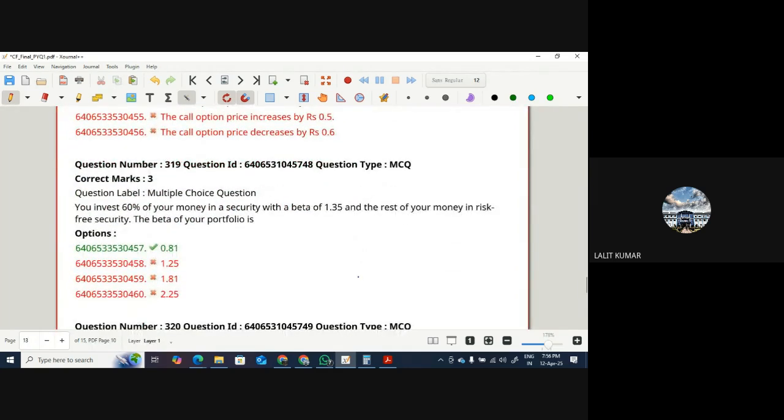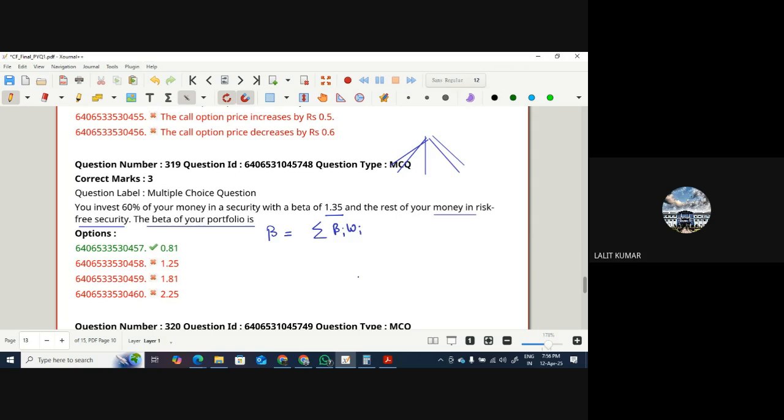You invest 60% of your money in a security with a beta of 1.35, and the rest of your money in a risk-free security. Then what is the beta of your portfolio? The formula for this is beta equals summation of beta i into weightage of i. There can be many assets; in this, they have given only two assets.